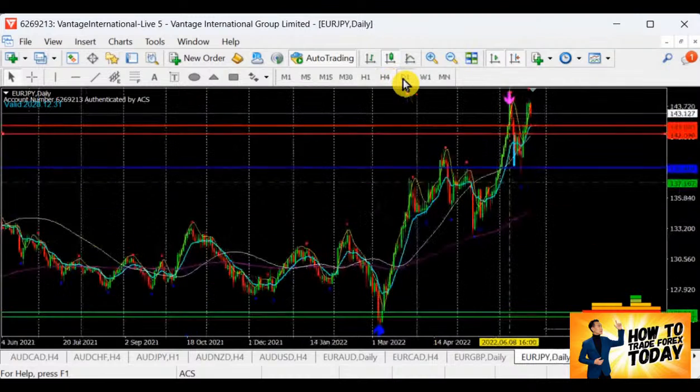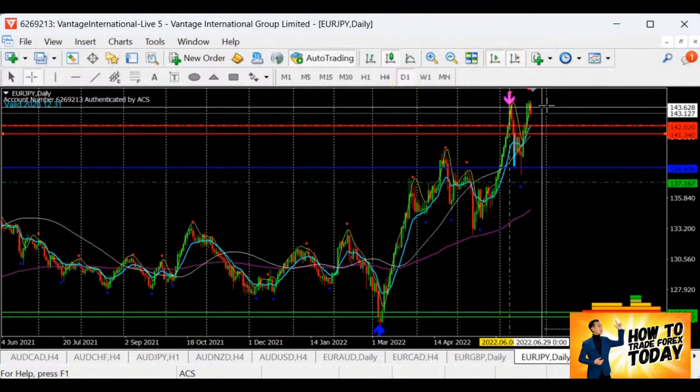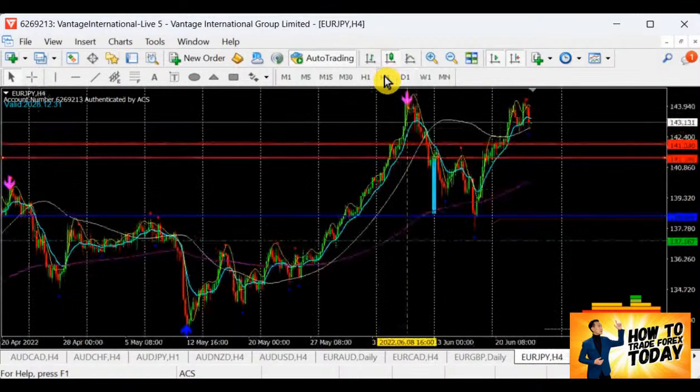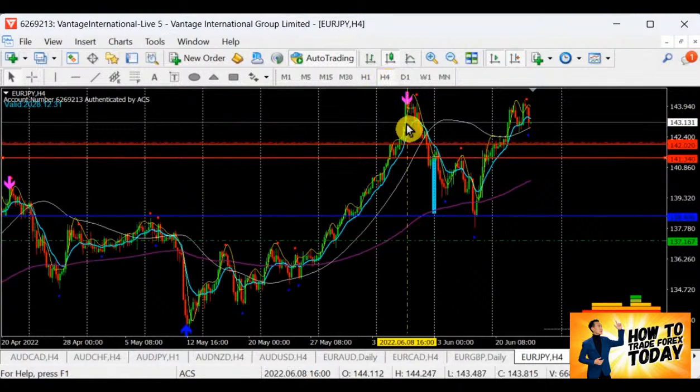Because Euro yen is actually hitting one of the resistances, the major resistance over here without breaking. However, we are still in the mood of transition from the bull into the bear.